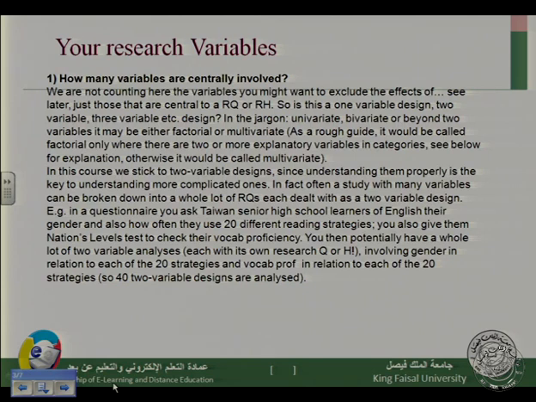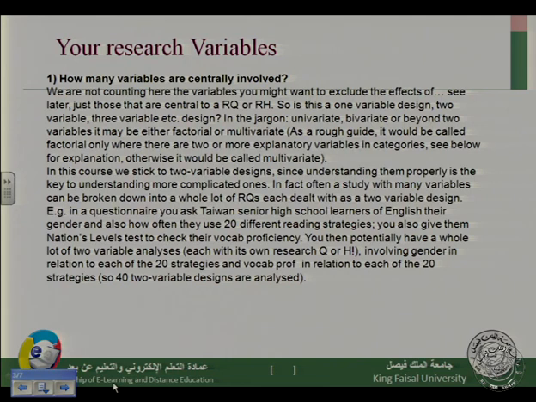You want just to see the effects of age on attitudes. A three variable design, you have age and gender affecting attitudes, or age affecting attitudes and beliefs, for example. So you have three variables, and it's called a three variable design.